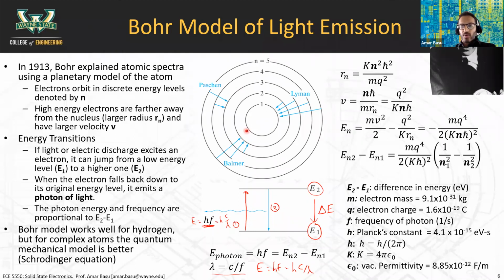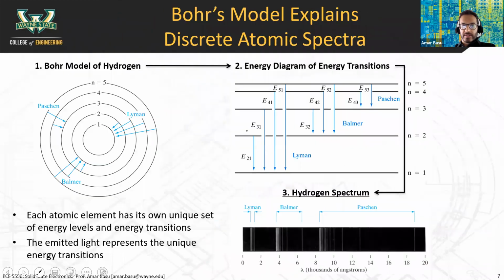All these different energy transitions obviously correspond to different wavelengths that the electron would emit. And so the cool thing is that all the different possible energy transitions correspond to different lines that you can actually see on the atomic spectrum.